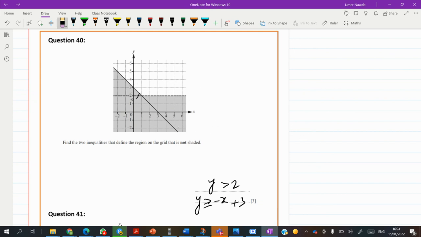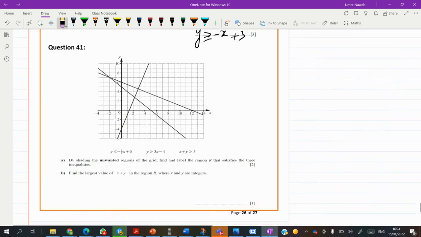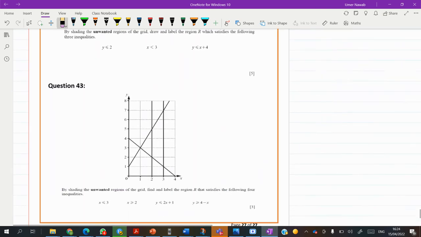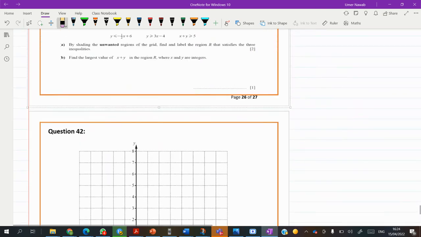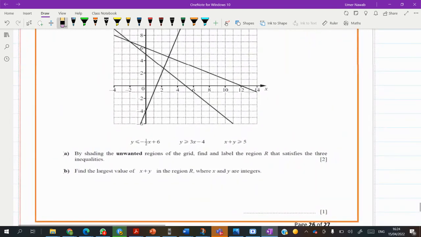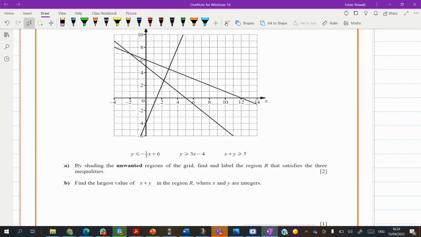So we wrote the shaded portion. Now, how many questions left? I think we are almost done. We have to shade the regions. First, let me identify where is plus 6. This is plus 6, less than or equal to, guys.